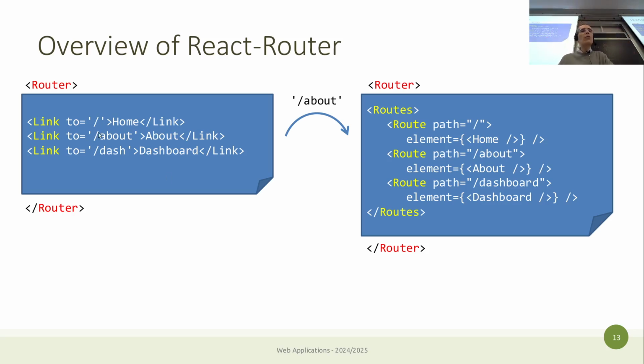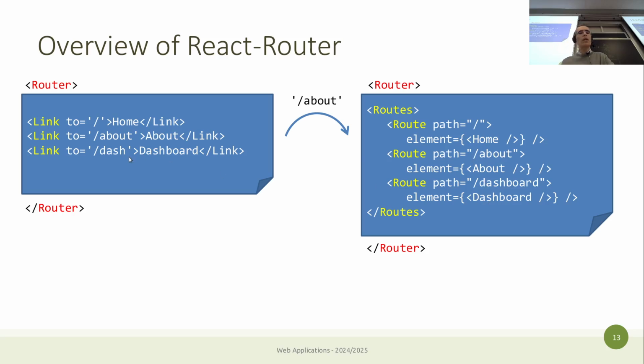And of course, if we define some URLs, we need to have a way to navigate to these URLs, and that's this Link component that can be used inside the JSX when you need to put the link to be clicked. And at a certain point, typically in App, you need to define routes. So tell the library that when you encounter the route slash, you need to render the component Home, slash about, component About, and so on.